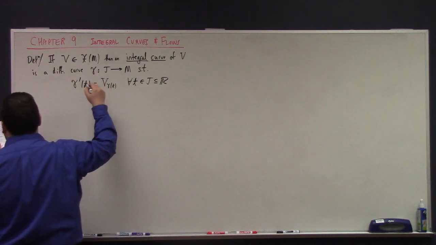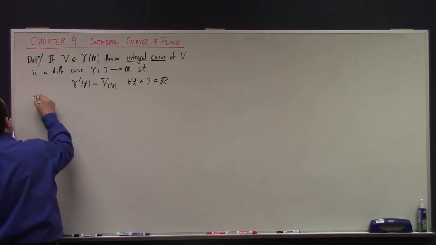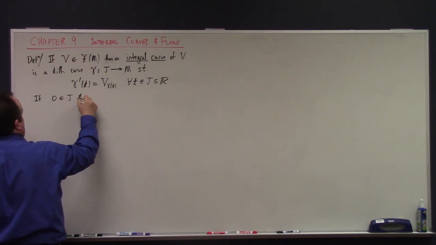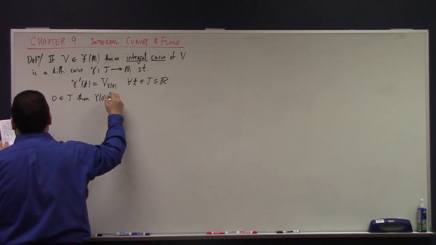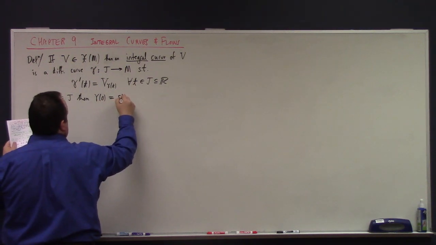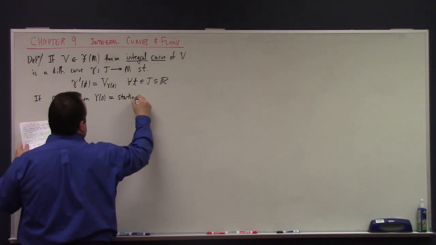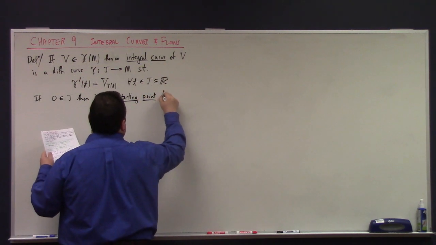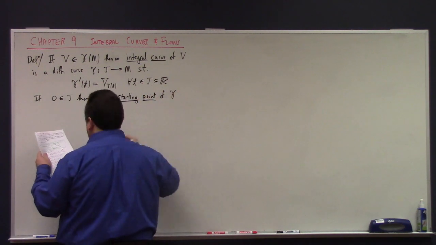It's an interval. Moreover, if 0 is an element of J, then gamma of 0 is equal to the starting point of gamma.